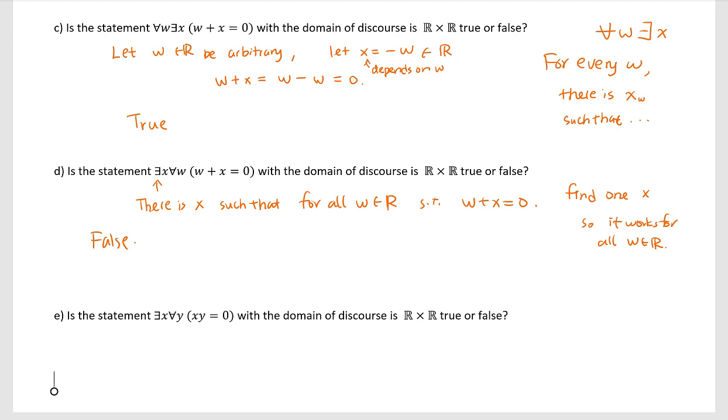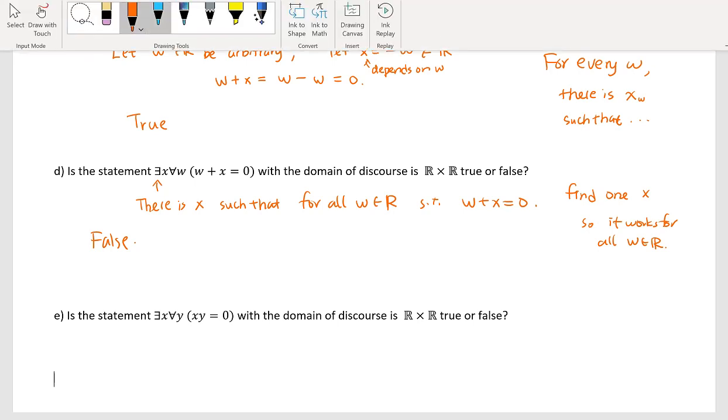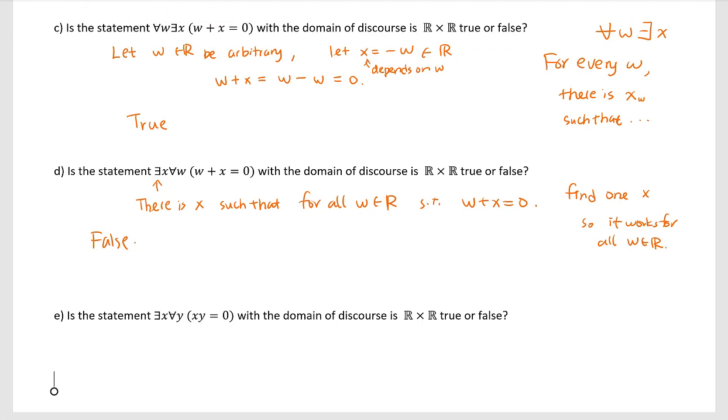To show it is false, we need to show that for all x values, there is a w such that w plus x is not equal to 0. Why do I come up with this? This statement is false, so the negation of it must be true.